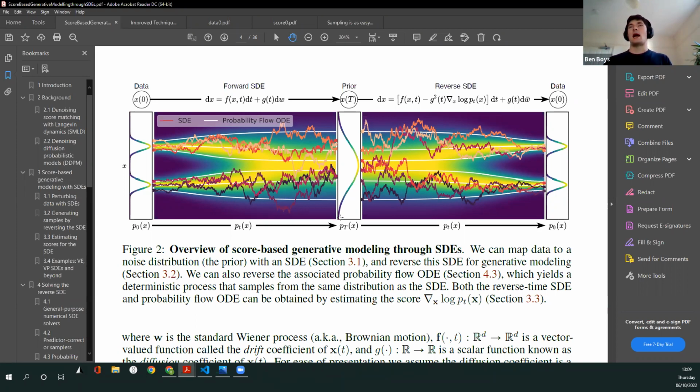Another one is how well you discretize the SDE, so how many time steps you use. And the third one is you don't actually sample from p_T(x) when you generate a new image. The idea is that if you add enough noise, eventually it will look close enough to a normal 0-1 distribution over lots of different dimensions. But it's not actually converged to a normal 0-1, it's just something that's close to that.